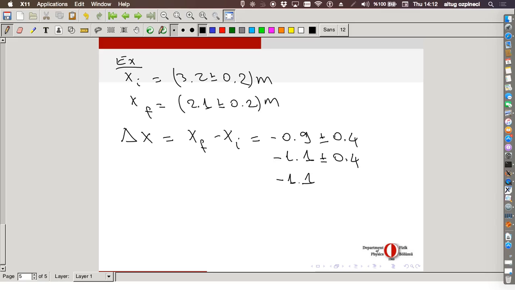Another wrong answer. Plus 1.1. Minus 0.4. No, plus minus 0.4. The fourth wrong answer. Okay. Somebody has found one mistake. Okay. How did he get this plus?